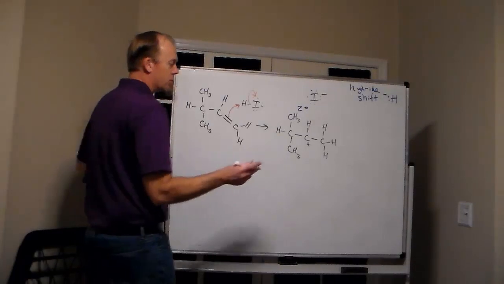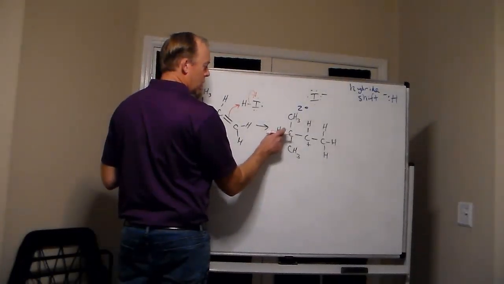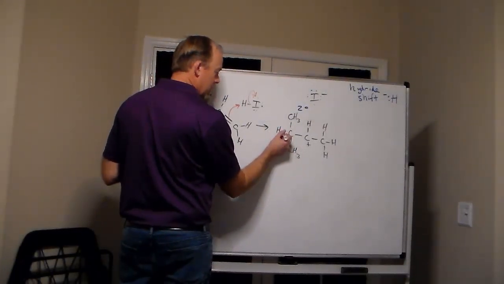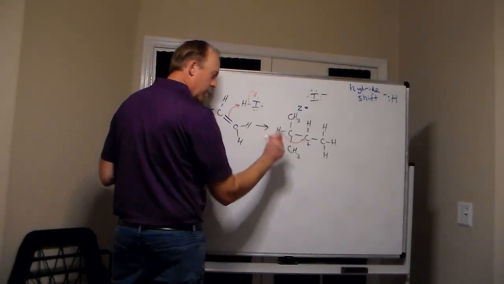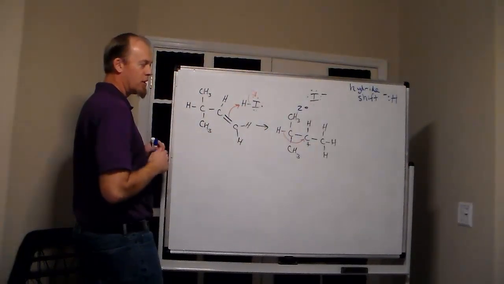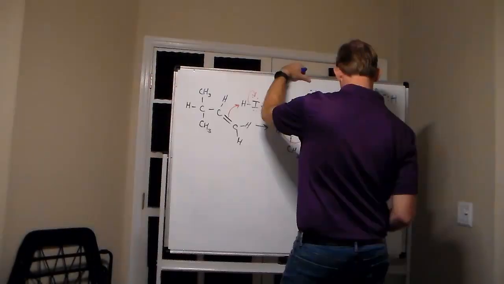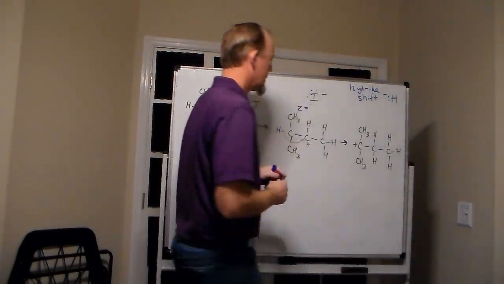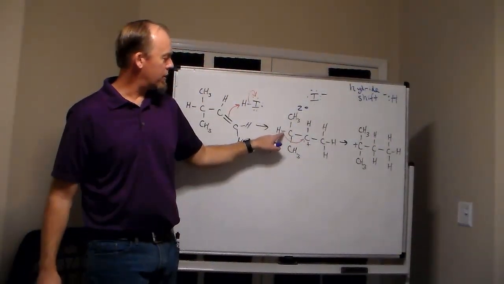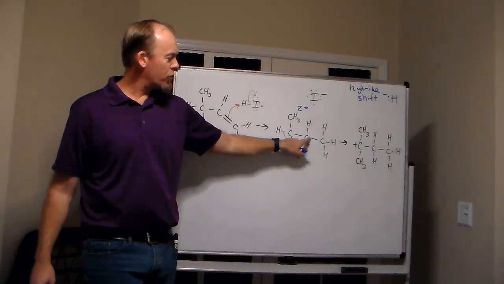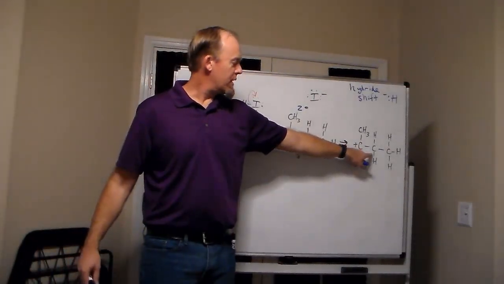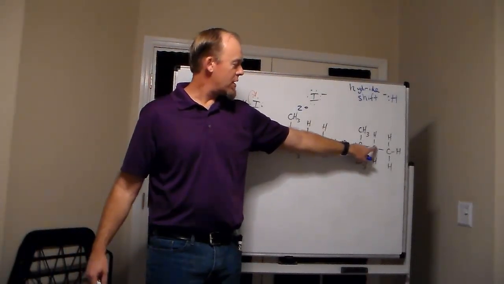So what happens is this hydrogen with those 2 electrons skips over. It moves over one position. So that hydrogen and those 2 electrons hop over to the carbon to make that bond to that hydrogen there.